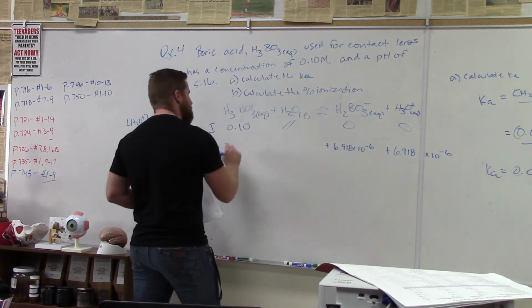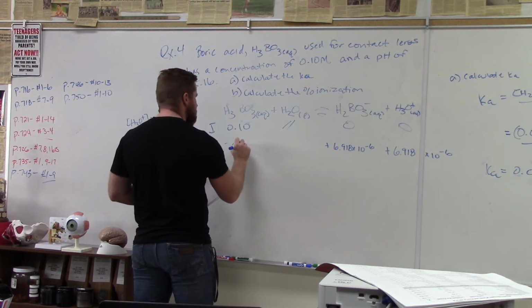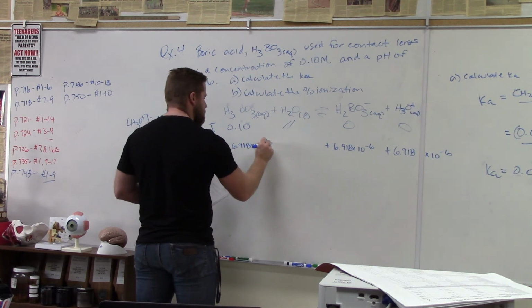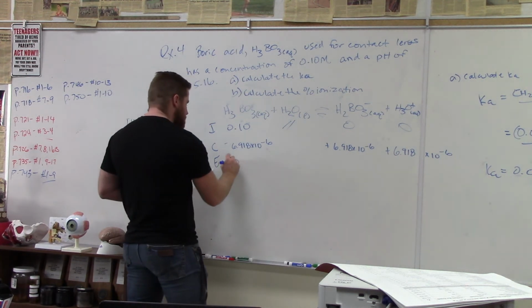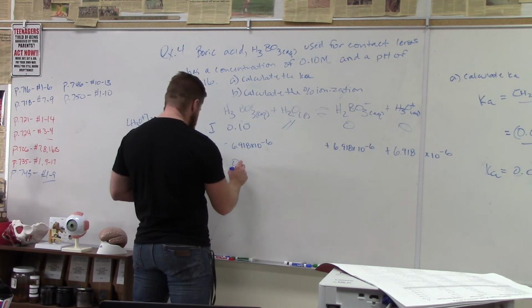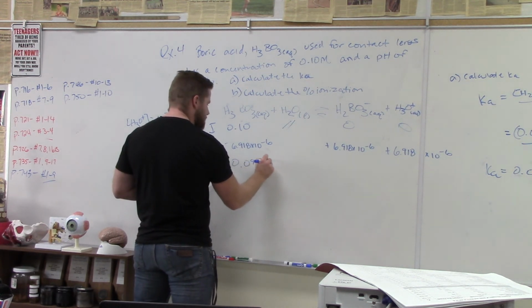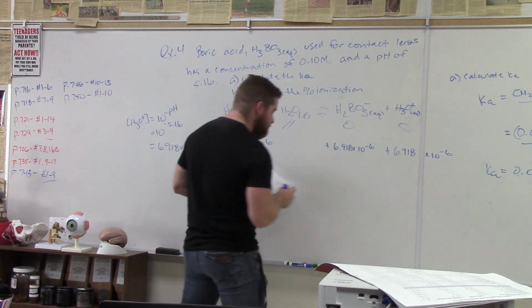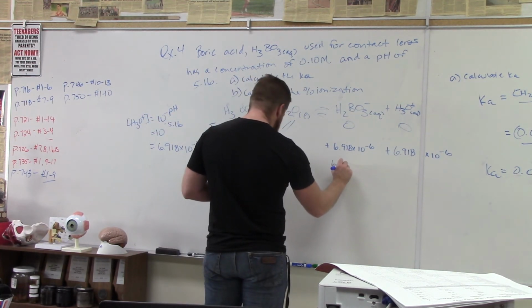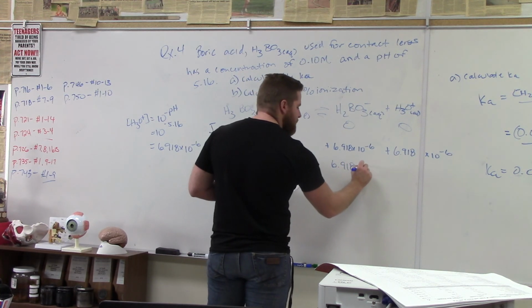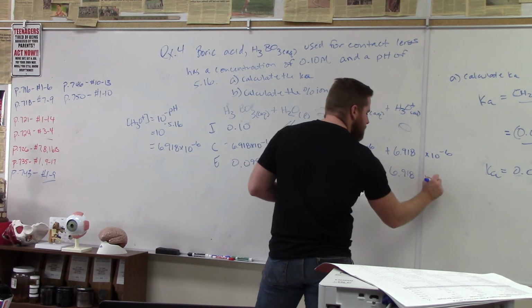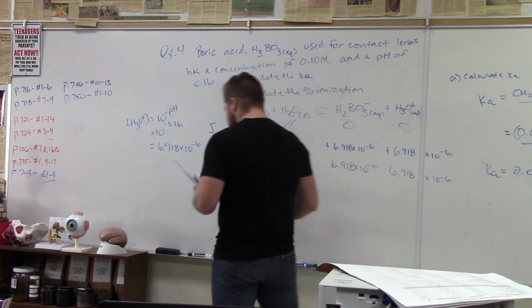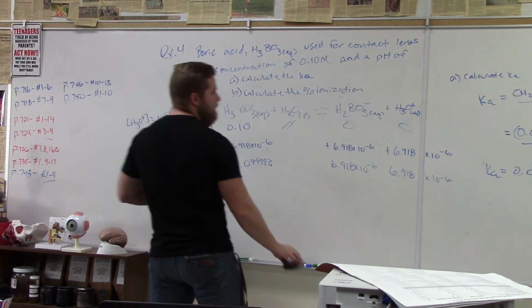And this will decline by the same factor. So my equilibrium values are going to end up being 0.099993, 6.918 times 10 to the negative 6, and 6.918 times 10 to the negative 6.